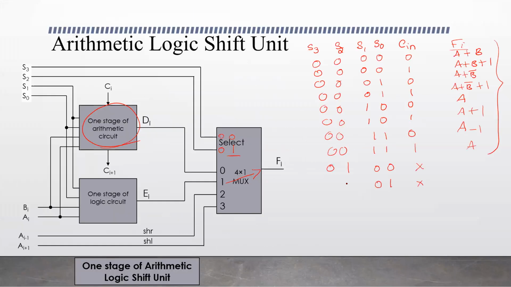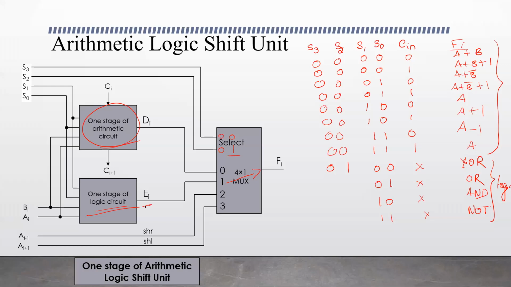With 1 0 and no carry, it is AND, and the last one, with 1 1, is NOT. These are the logic operations performed by the circuit. So this logic circuit performs one of these logic operations.